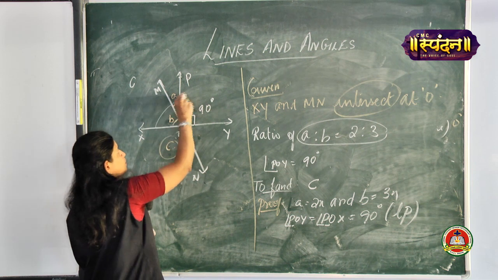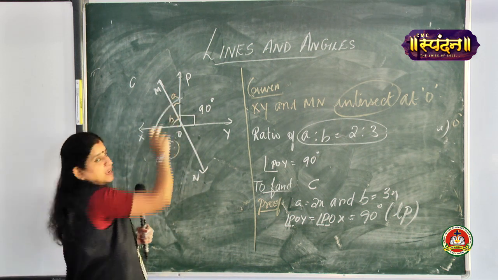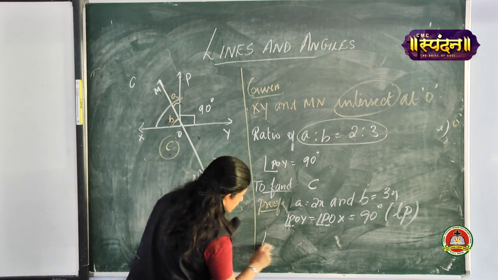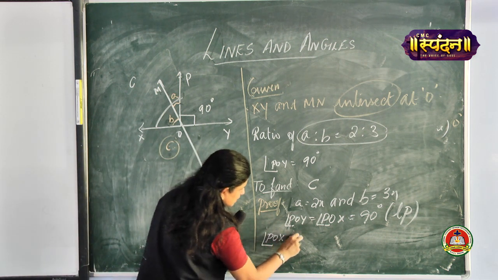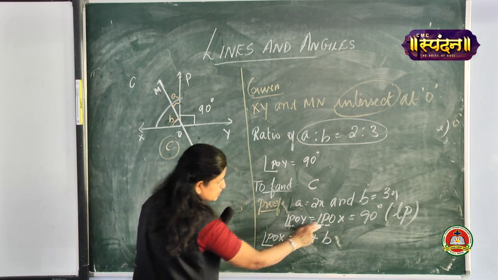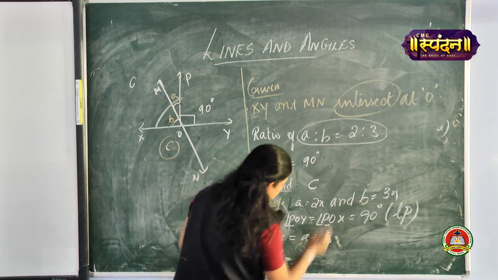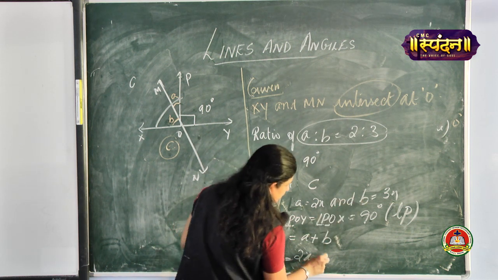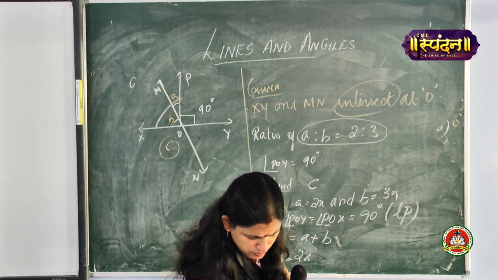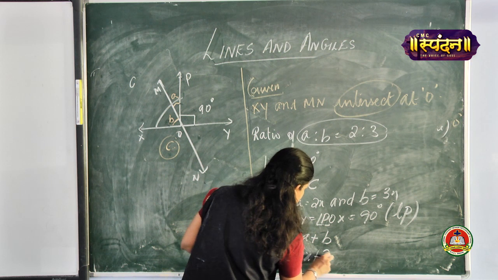Now if I observe this, POX is written as A plus B. So you write it over here: angle POX is equal to A plus B. So what is POX? POX is 90 degree. What is A? A is 2x. What is B? B is 3x.